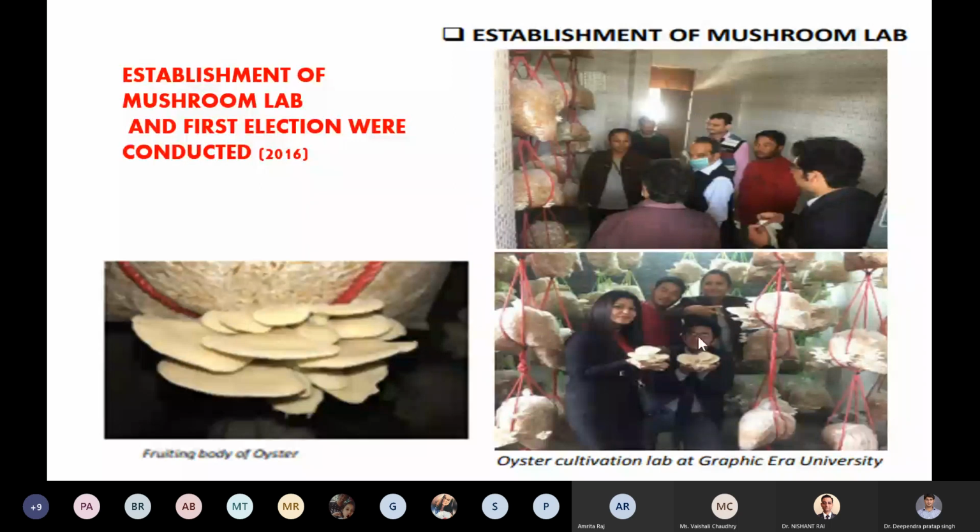After that workshop, here you can see the new budding mushrooms.